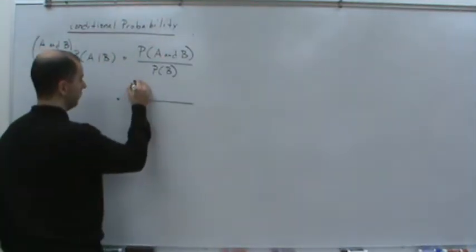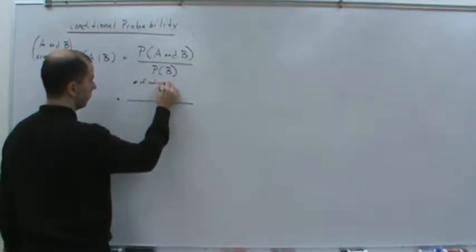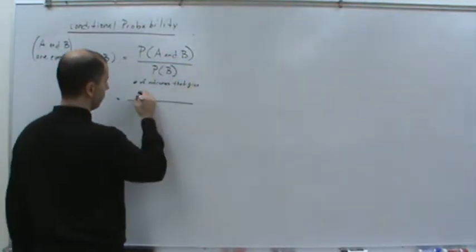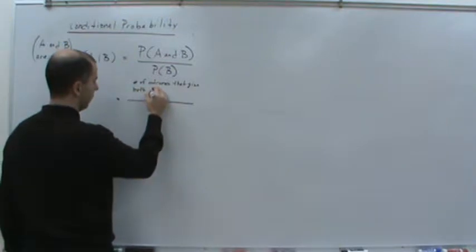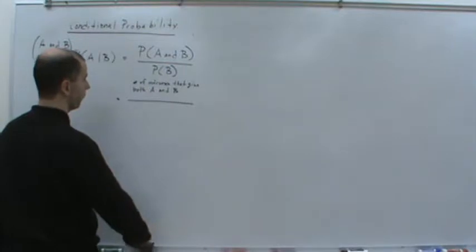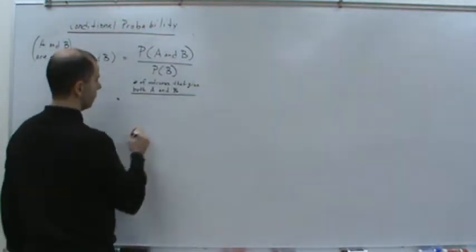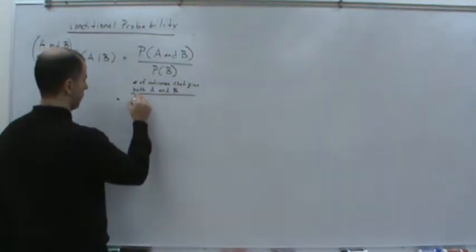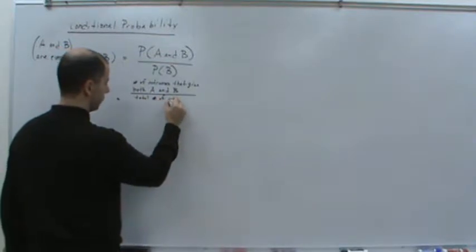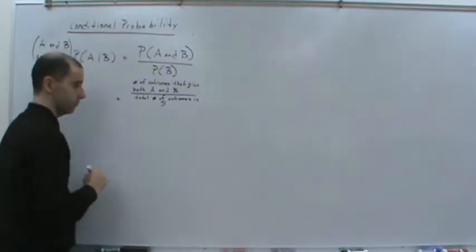Well, that's going to be the number of outcomes that give both A and B, right? Divided by what? The total number of outcomes in S, right?